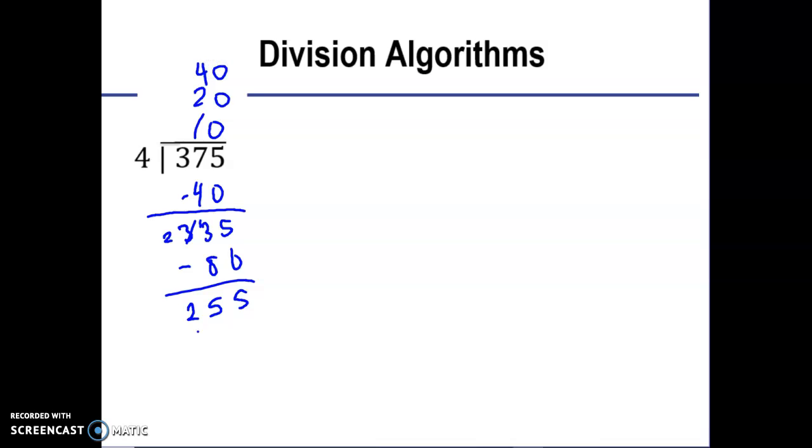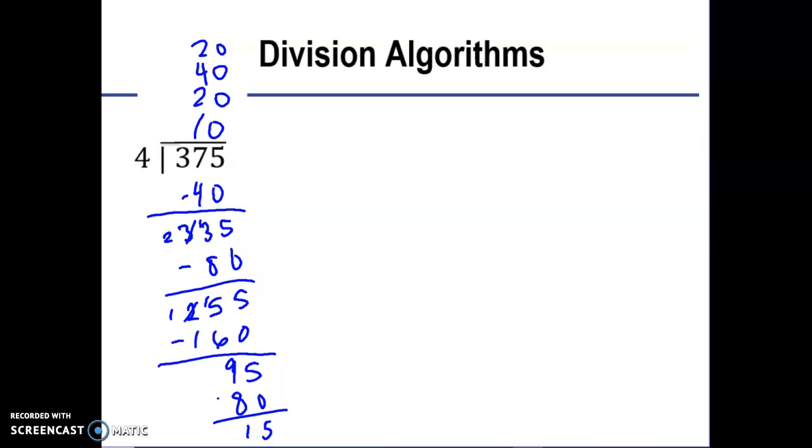So 40 times 4, that's 160. And let's practice our good subtraction skills. And I get 95. Okay, so now 40 is going to be too big, but I can go back and do 20 again. I'm going to get 80. So I've got 15.